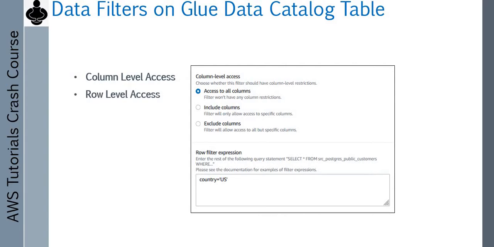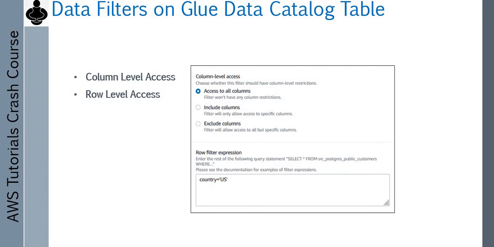So you can restrict access not only at the table level, but also to certain rows or certain columns, by selecting those columns and providing filter criteria for your rows. By virtue of that, you can give column and row level access to your data in the table as well. And all these things are configured using data filters.